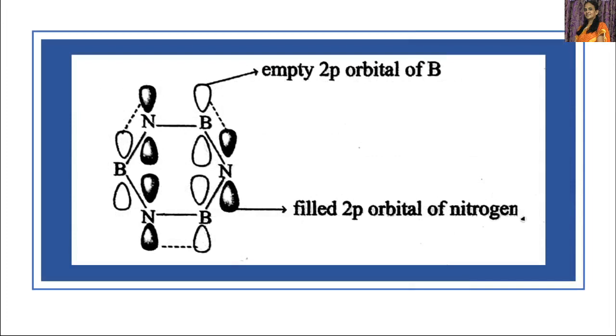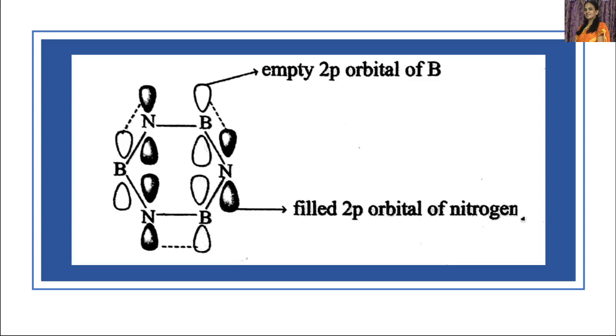Next, this is the orbital structure. The boron atom has an empty 2p orbital, and nitrogen has an extra electron pair in its orbital. Nitrogen is sp2 hybridized. One sp2 orbital forms a bond with this boron, another sp2 forms a bond with this particular boron, and the third sp2 orbital forms a bond with the hydrogen atom.